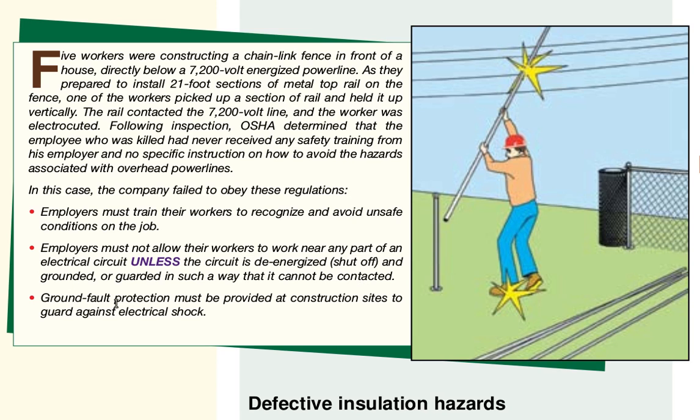Ground fault protection must be provided on construction sites to guard against electric shock. So this is an illustration of what happened in the electrocution of the fence installer. The long metal rail touched the overhead power line. Electric current would pass through his body to the ground, electrocuting him.